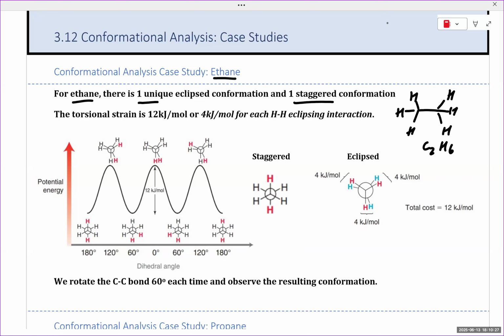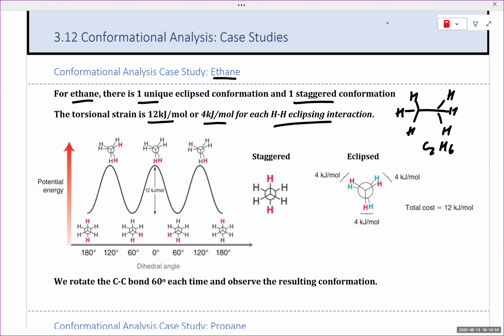The difference in energy between staggered and eclipsed conformations is 12 kilojoules per mole, or 4 kilojoules per mole for each hydrogen-hydrogen eclipsing interaction. We can make what's known as a conformational analysis diagram where we can look at potential energy as a function of dihedral angle.